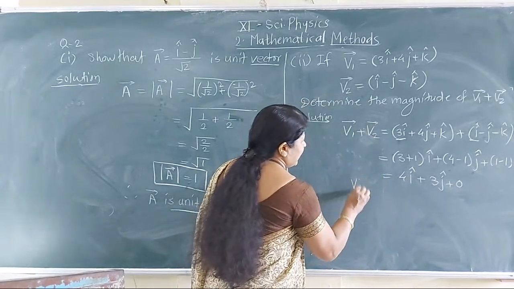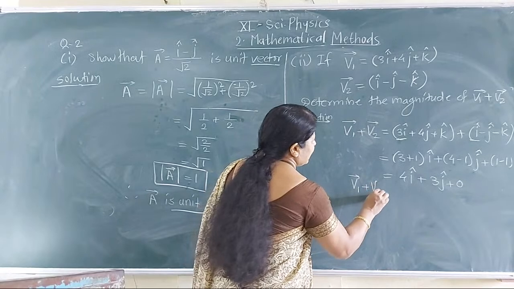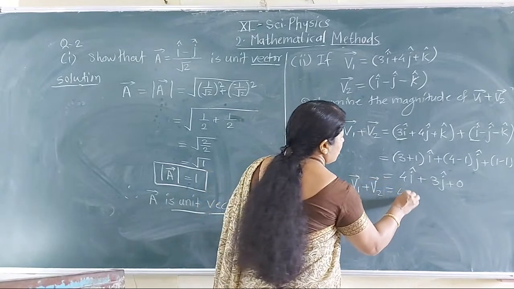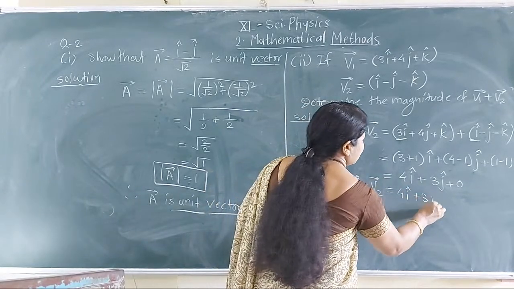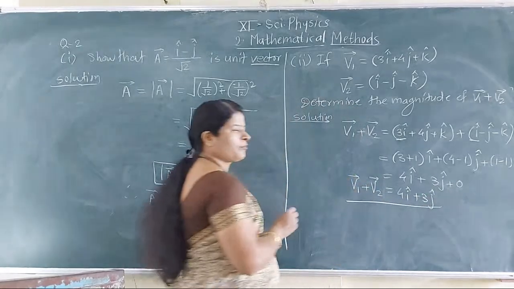Here we get vector V1 plus vector V2 is equal to 4 I cap plus 3 j cap.